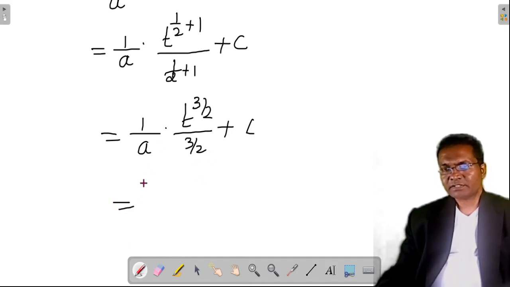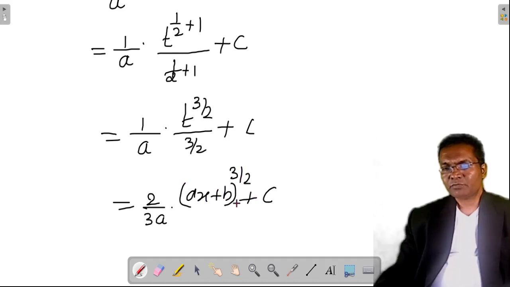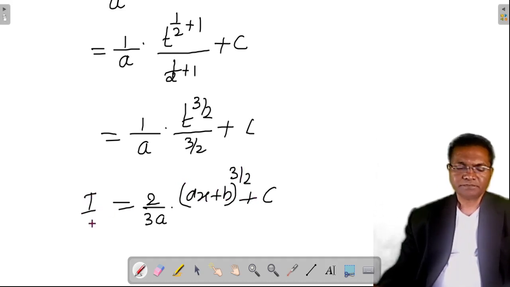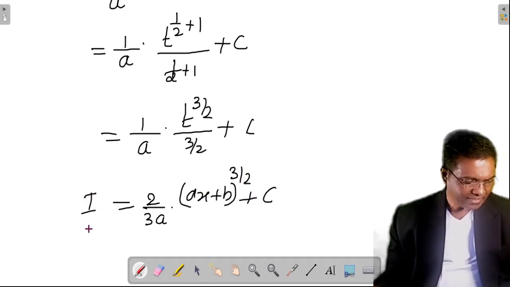I can write it as 2 upon 3a, t means your ax plus b, power 3 by 2, plus c. This is your required integral.